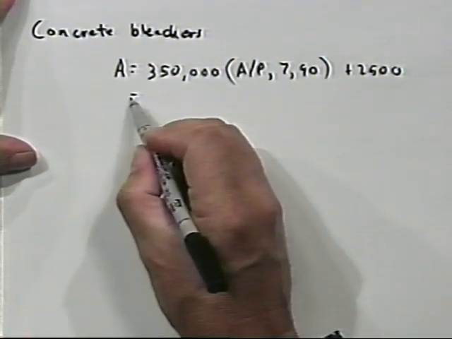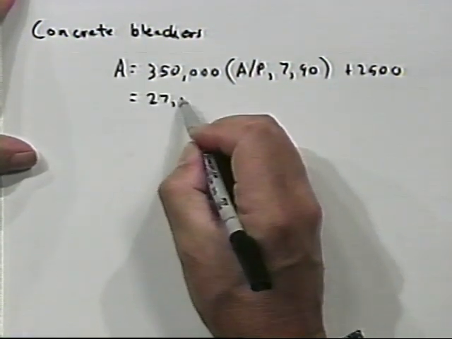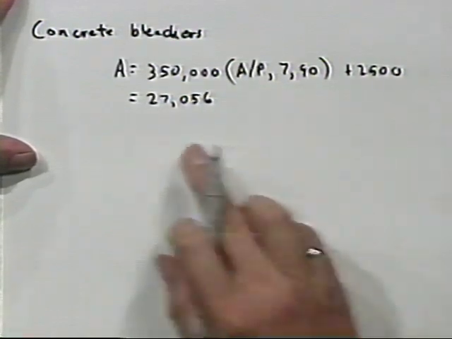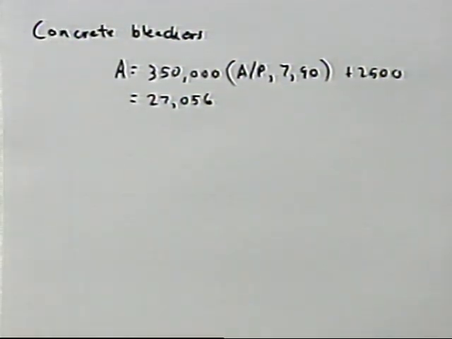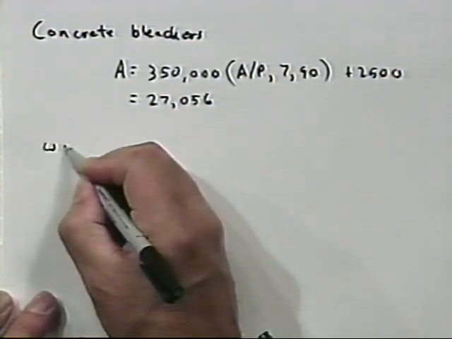And if we work that through, we'll get $27,056. So that $27,056 is saying the equivalent cost on an annual basis of this entire concrete bleachers project is $27,000 per year.